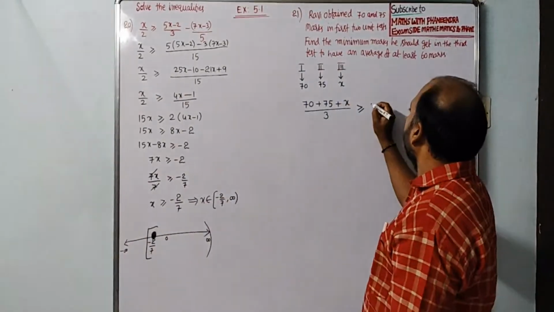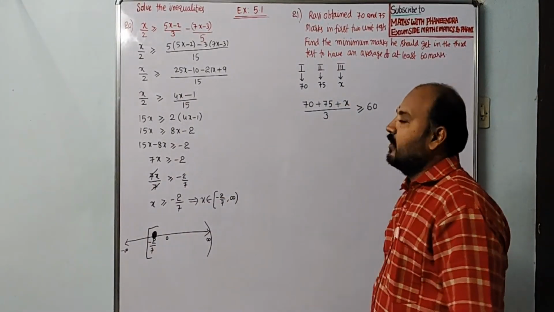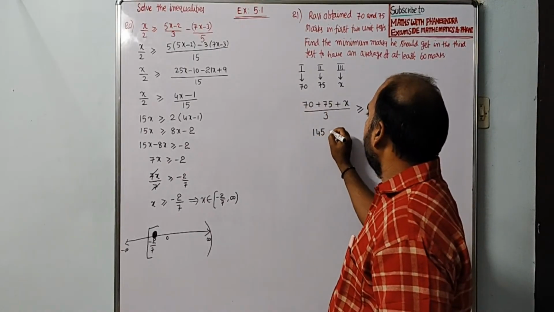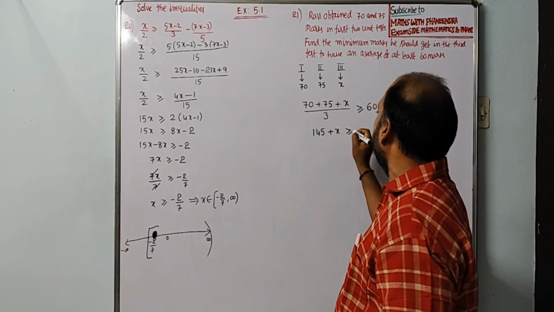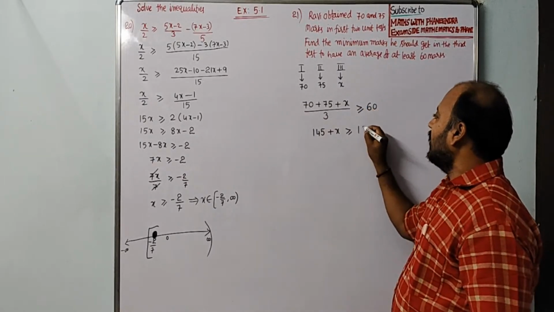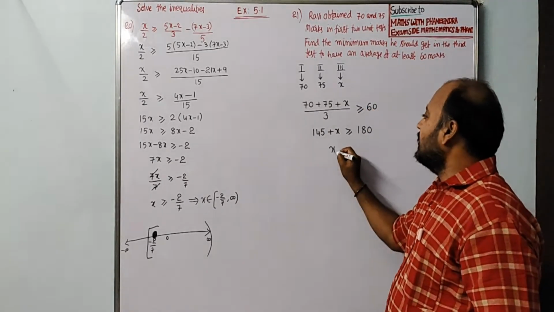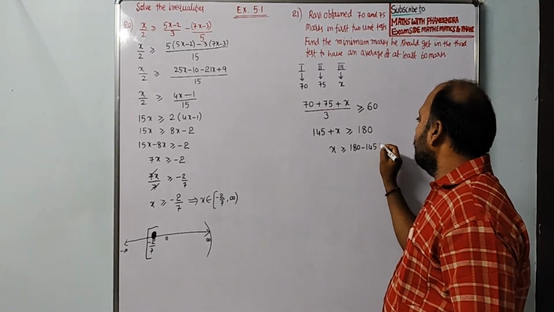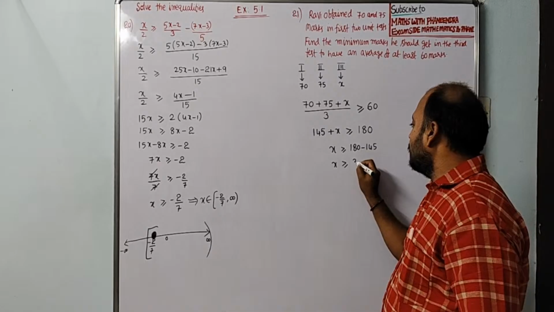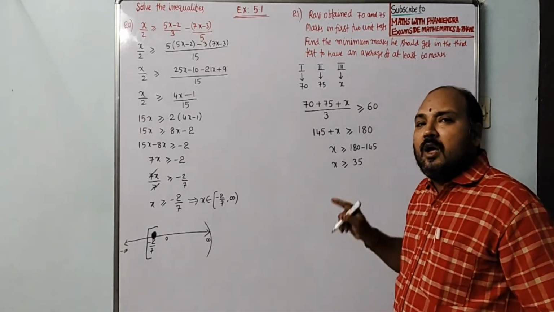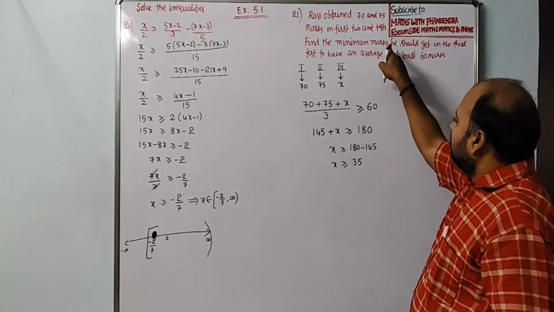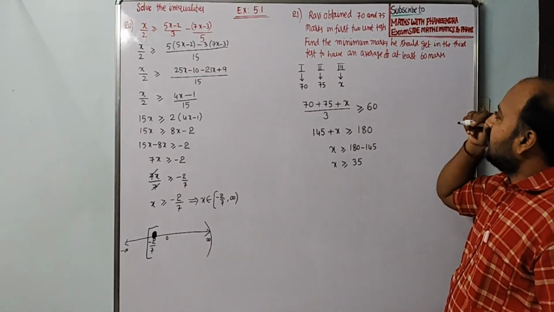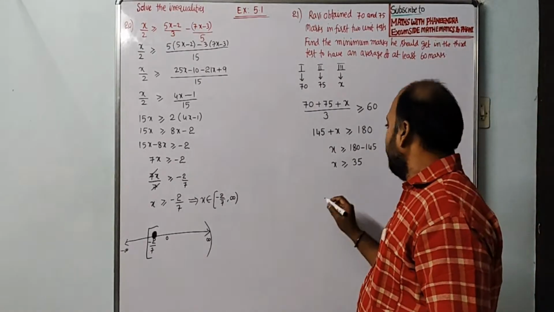So 70 plus 75 is 145 plus x is greater than or equal to 3 times 60, which is 180. So x is greater than or equal to 180 minus 145. So x is greater than or equal to 35. So the minimum marks the student has to get for the average to be at least 60 is 35.